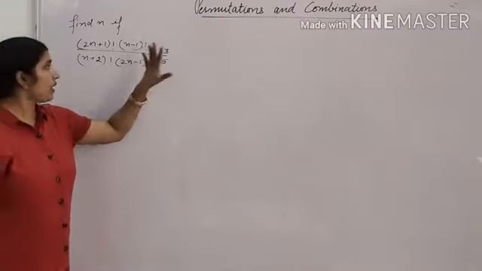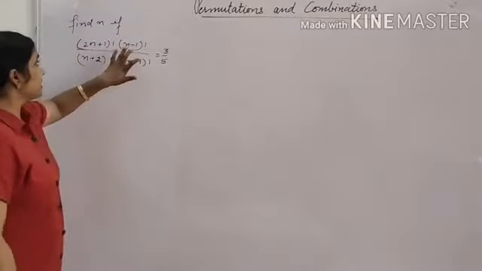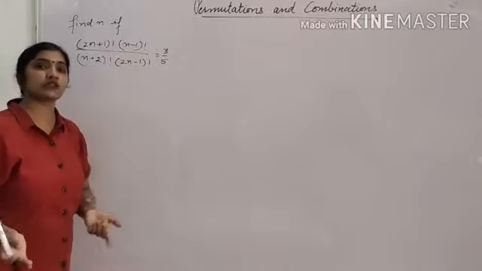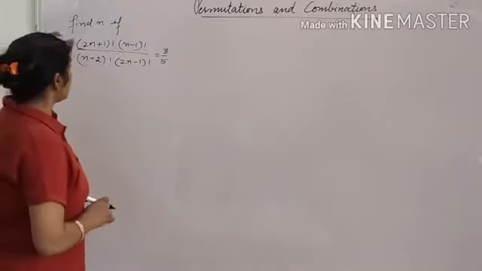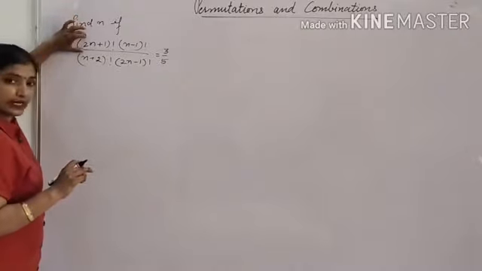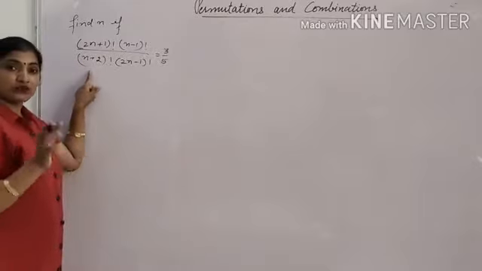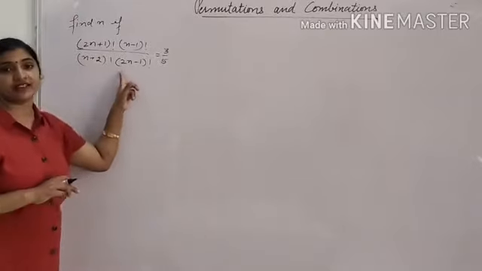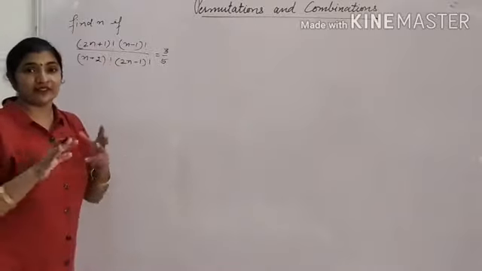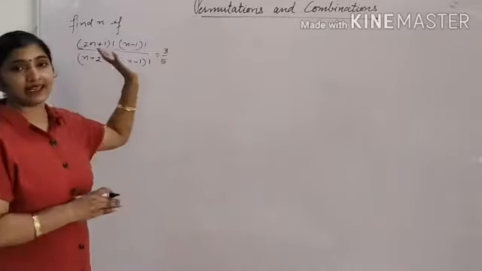So to solve this type of numerical problem, see it carefully that in the numerator we have two types of factor, in the denominator we also have two types of factors. In the numerator, one factor is having 2n, another factor is having n. Similarly in the denominator, one factor is having n and another factor is having 2n. So we compare the factors containing 2n independently and factors containing n independently.